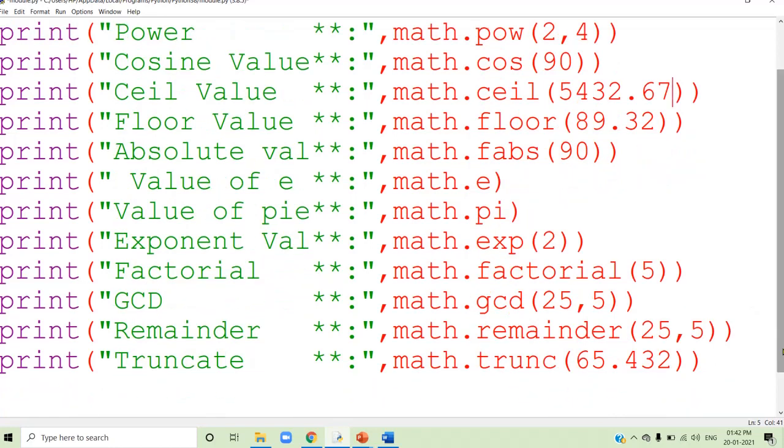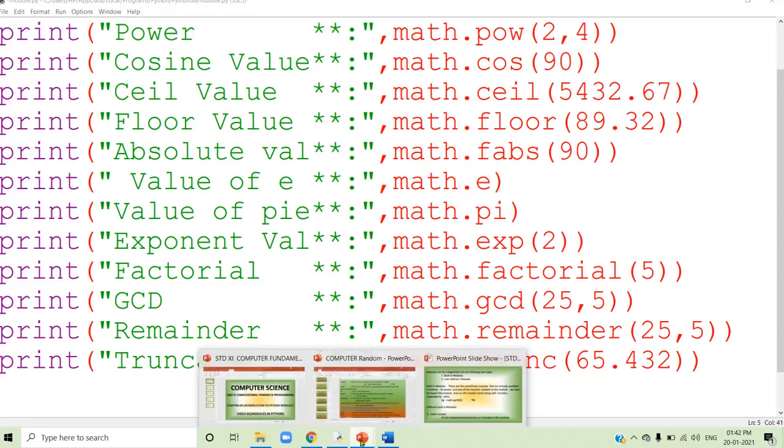That means it will give you the same value which you get when you use the percentage sign, but the value will be in the form of a float number. Now truncate will remove the places after the decimal point. You will get a whole number after removing the decimal places. So these are the main functions which are used in the math module.